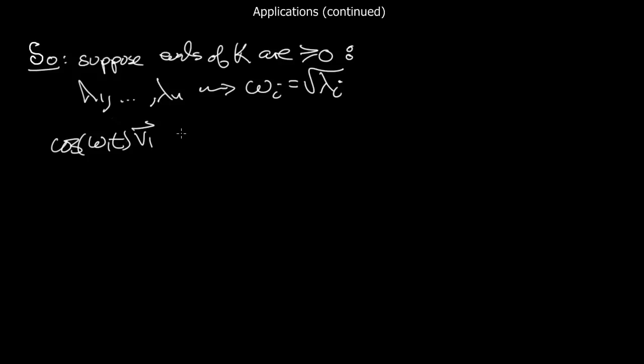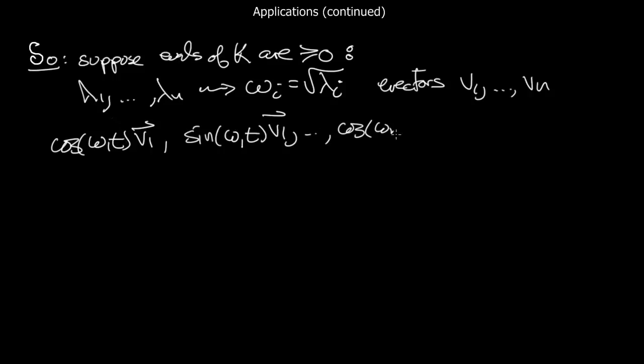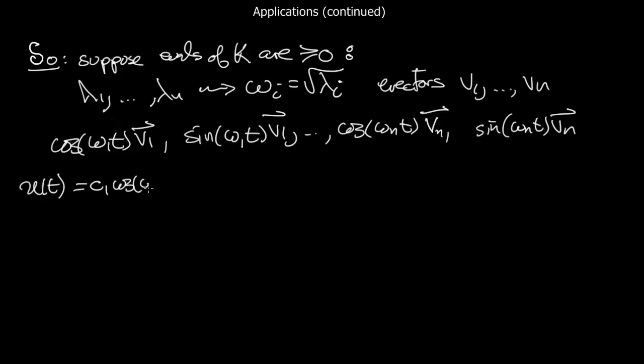You get solutions of the form cosine omega 1 t times v1, where you take the vectors to be v1 through vn, and you can also use sine omega 1 t times v1 and so on, all the way up to cosine omega n t and sine omega n t times vn. Now I'm assuming here that these v1 through vn are linearly independent. Otherwise, there's more work to do.